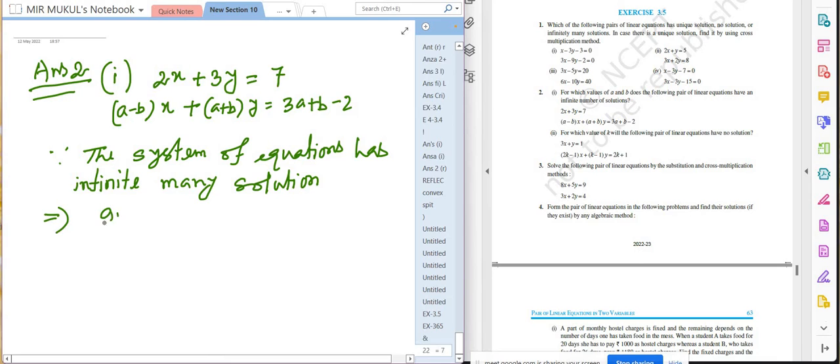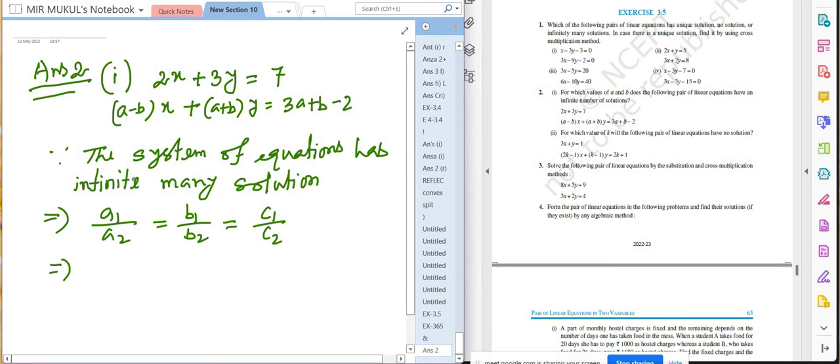therefore we can say that a1 by a2 equals b1 by b2 equals c1 by c2. So here a1 is 2 and a2 is a minus b, and b1 is 3 and b2 is a plus b, and c1 is 7 and c2 is 3a plus b minus 2.